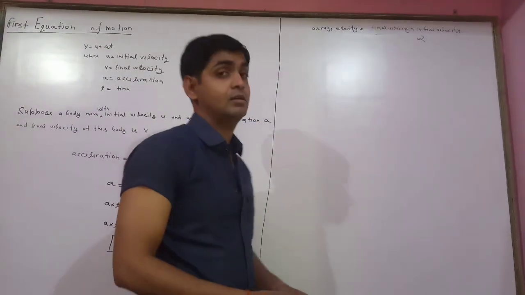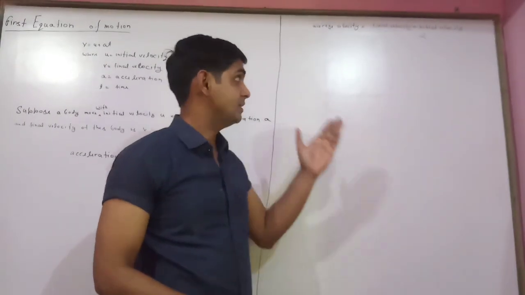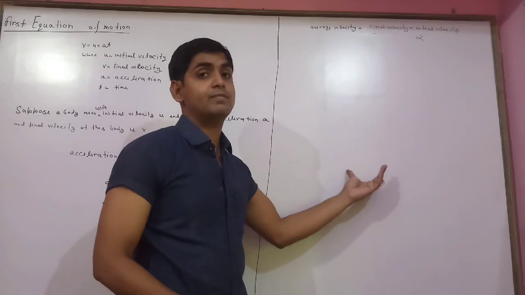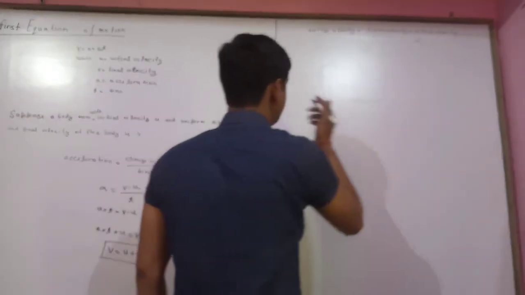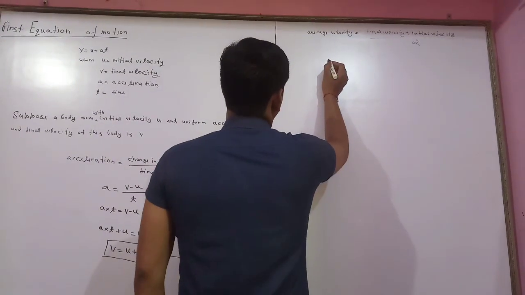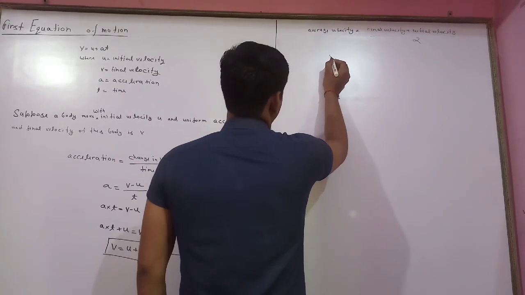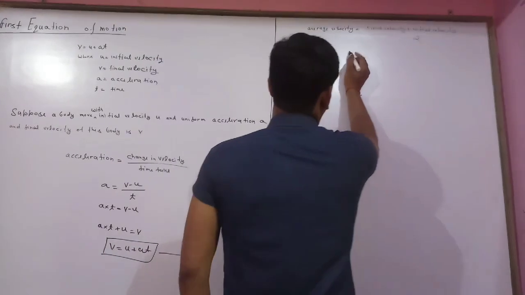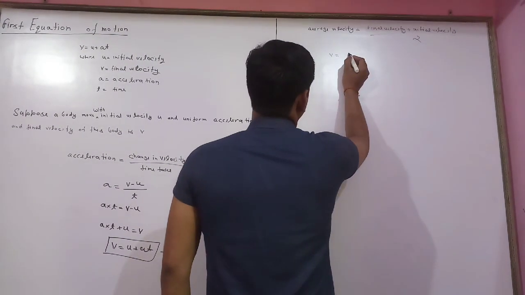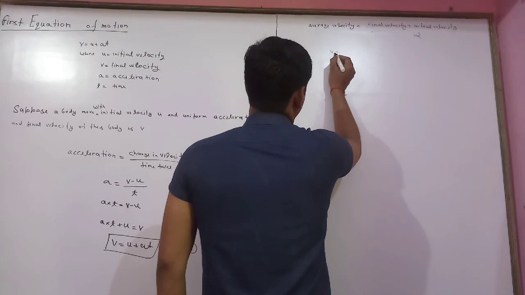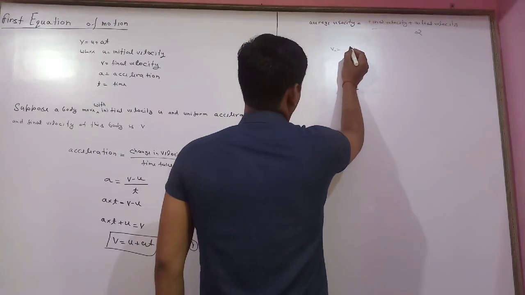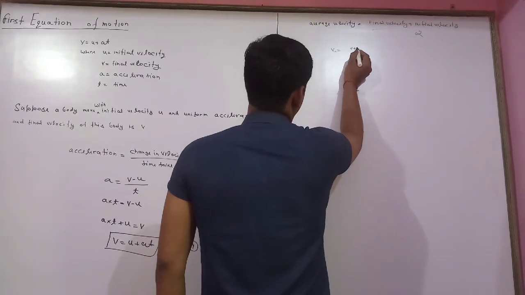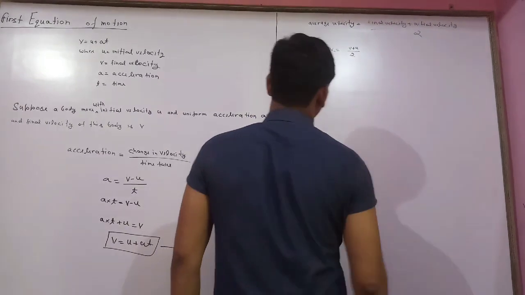Similarly, average velocity is v plus u upon 2.